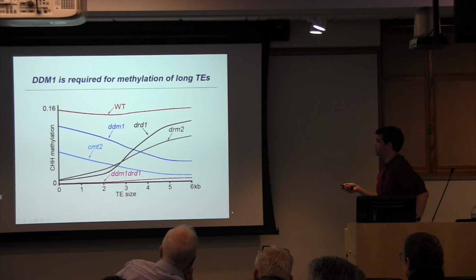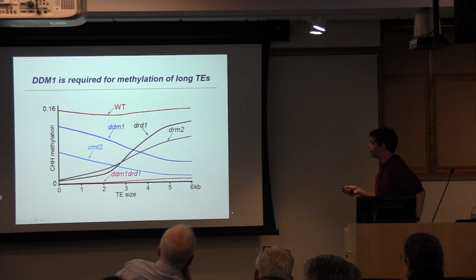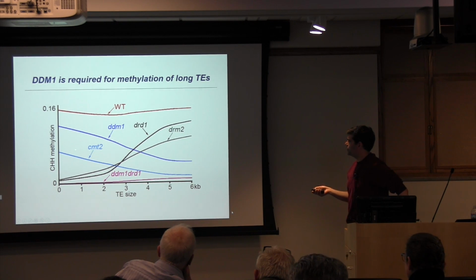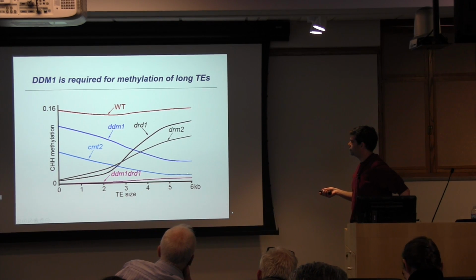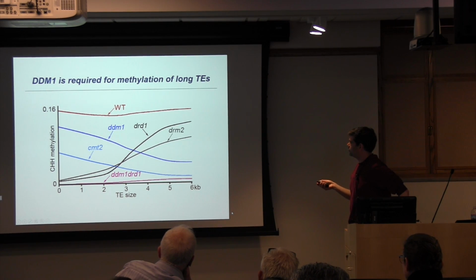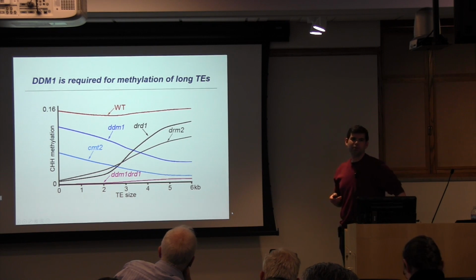In wild type, there's not much of a relationship. But in DDM1 and in CMT2, the bigger the transposon, the bigger the loss of DNA methylation. And for RDDM, for DRM2, or for DRD1, the bigger the transposon, the smaller the loss in DNA methylation.